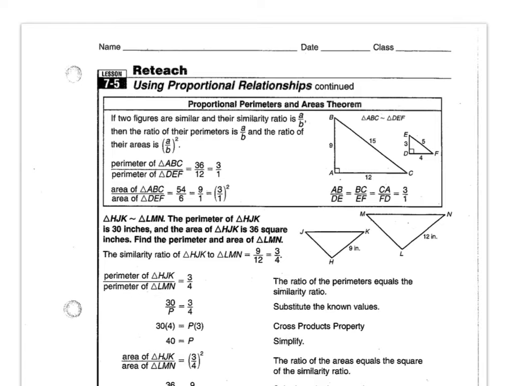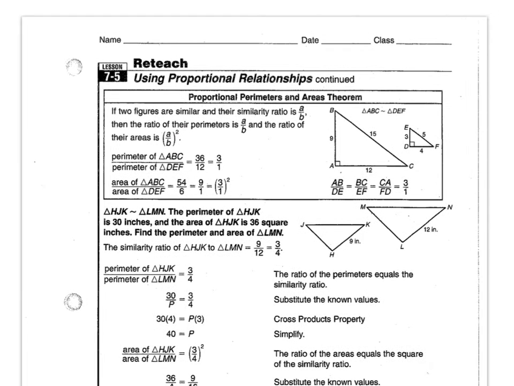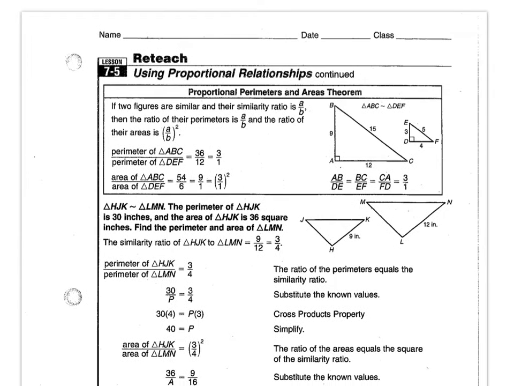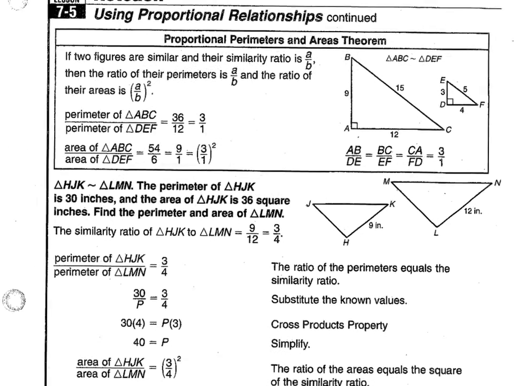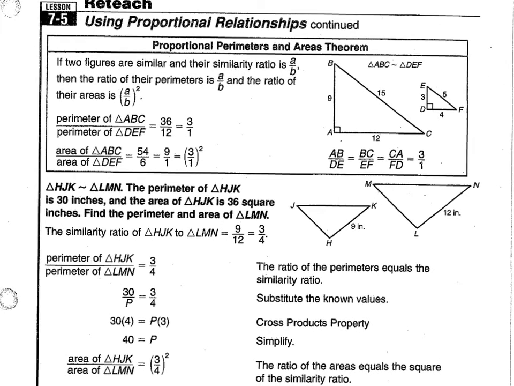So when you set up the ratio for the perimeters, you have the perimeter of the triangle ABC. Let me explain that. The perimeter is AB plus BC plus CA.